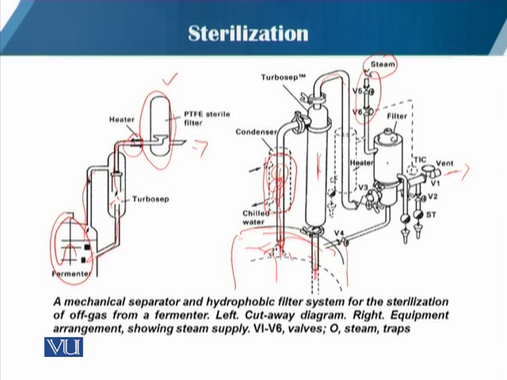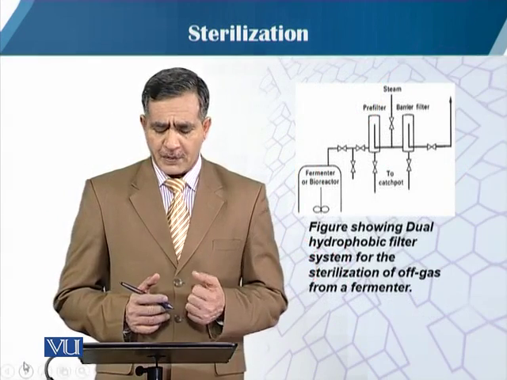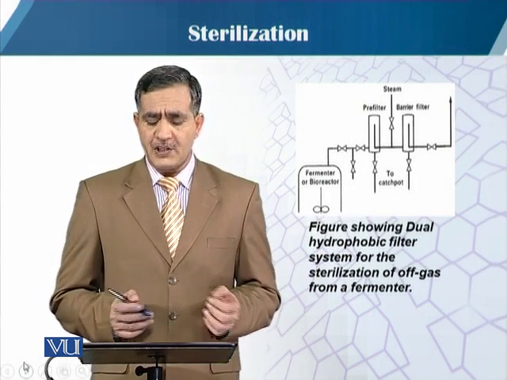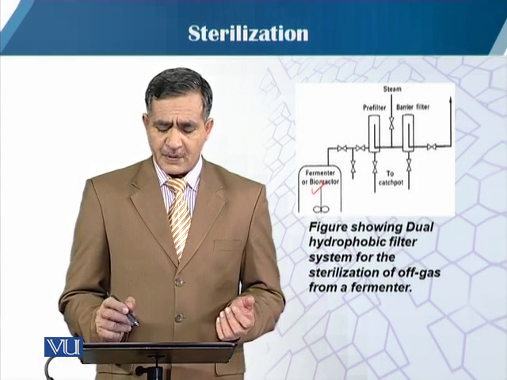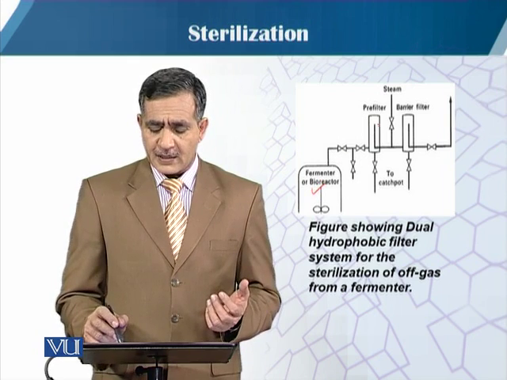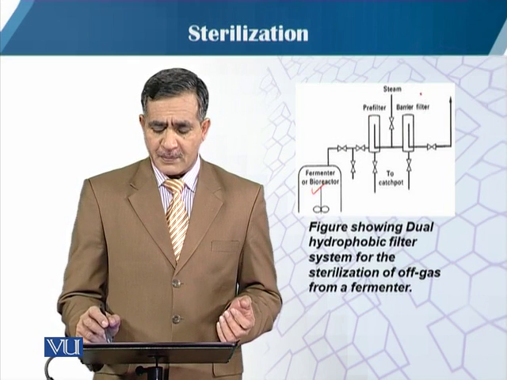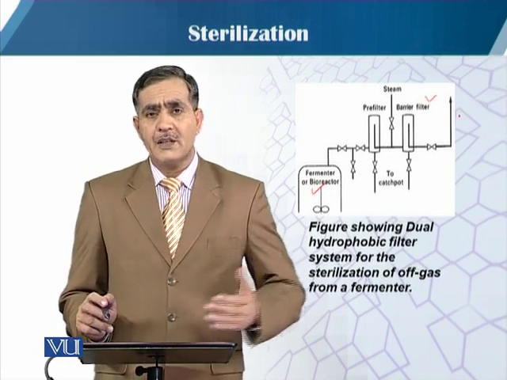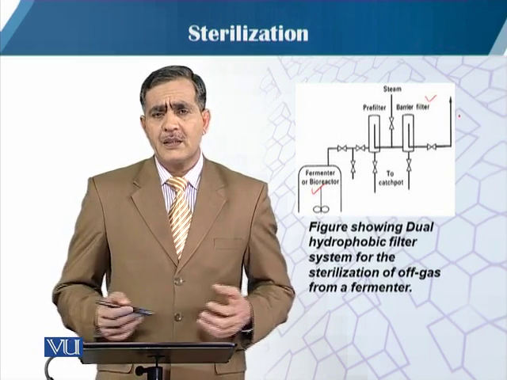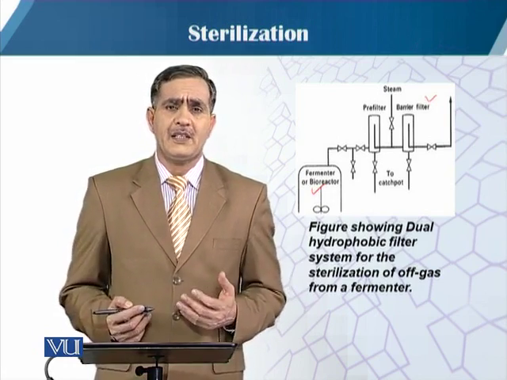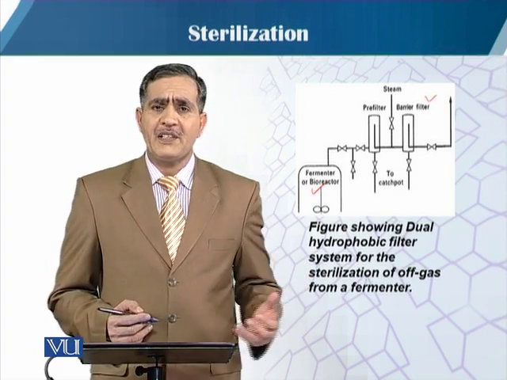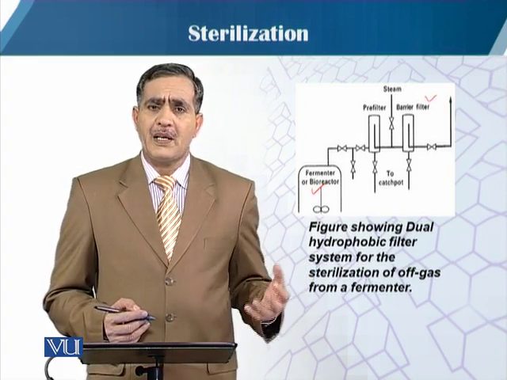Here again is the dual hydrophobic filter system for the sterilization of the off-gas. Here is the fermenter, then the pre-filter, then steam in, the barrier filter, and then the steam goes out. So this is the whole story of sterilization: in each and every step, sterilization is very critical.